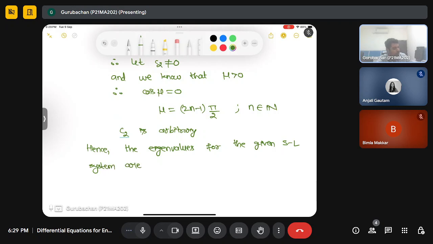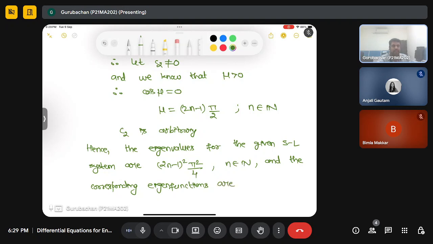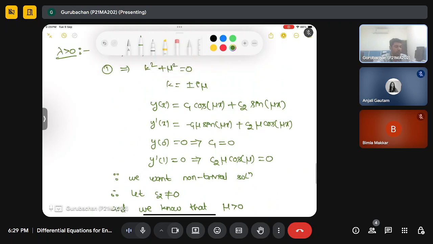are, since lambda is equal to mu square, the eigenvalue will be (2n minus 1) square pi square divided by 4, where n is a natural number, and the corresponding eigenfunctions are the function with respect to C2, that is sin mu x.